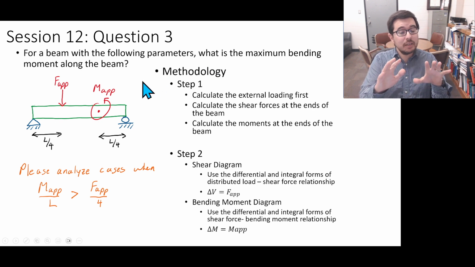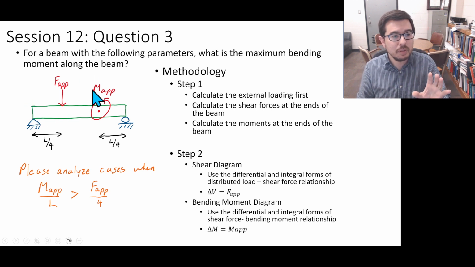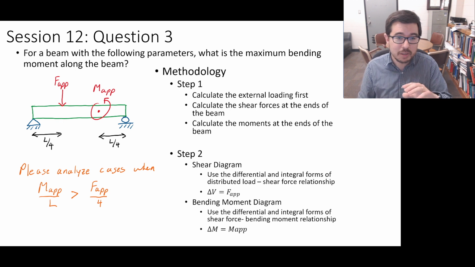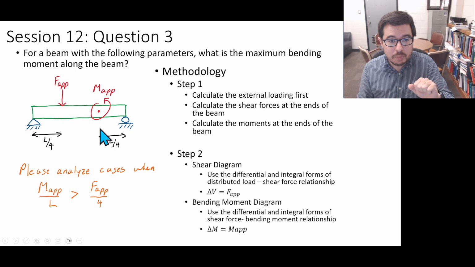I went ahead and I did this problem considering both of these loads in kind of the entirety of the problem. But if you wanted, you would be able to get the same solution if you use superposition. So you could also look at this as, okay, I'm going to create a shear force and bending moment diagram for just this load being applied to the system, and I'm going to create a shear force and bending moment diagram for just this m app being applied to the system.